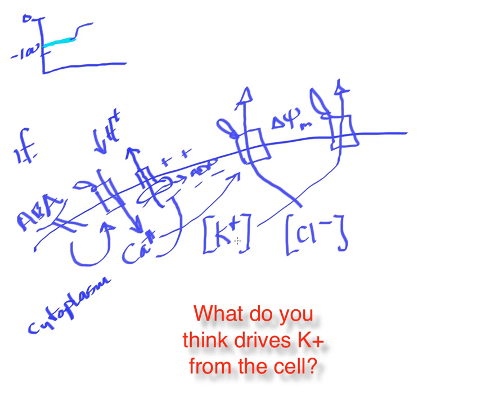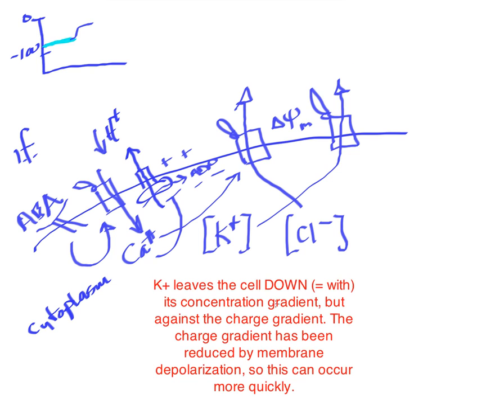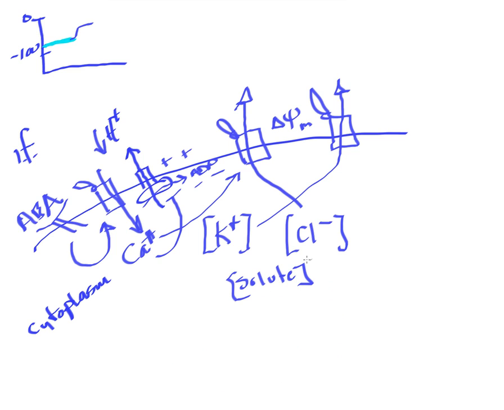Nonetheless, both chloride and potassium concentrations then, so these solute concentrations, decrease. And a decrease in solute concentration leads to, or constitutes, an increase in osmotic potential.